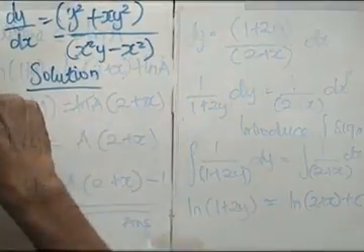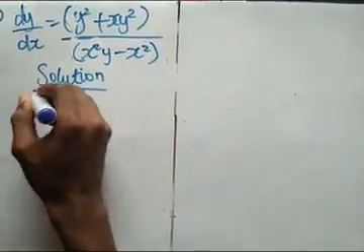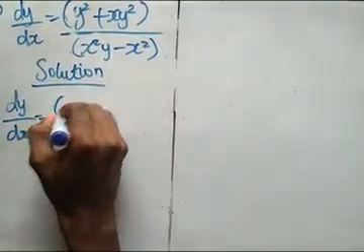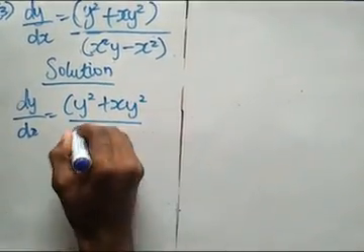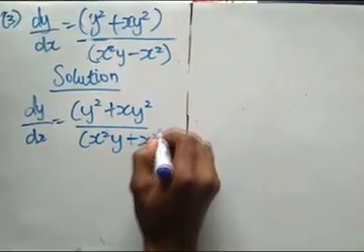Hello guys, so here is the third example using separating variables to solve. So we write down the equation: dy over dx equals (y squared plus xy squared) over (x squared y minus x squared).